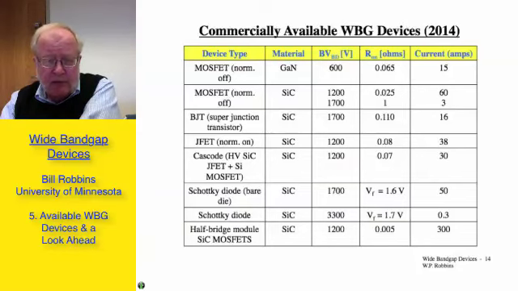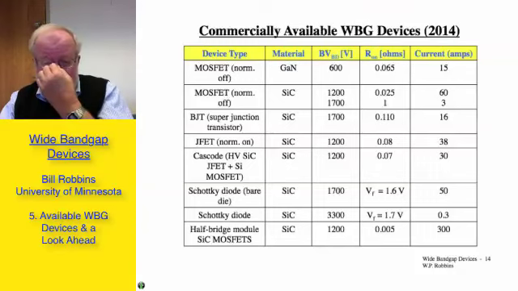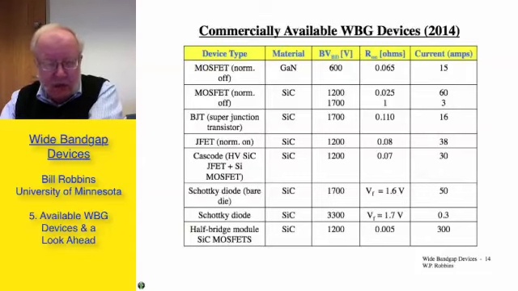Here are some examples of commercially available wide bandgap devices as of 2014 or early 2015 when I'm making this video. For example, a normally off MOSFET made in gallium nitride has a breakdown voltage. There are some available at 600 volts, on-state resistance of about 65 milliohms, and capable of handling 15 amps of current.